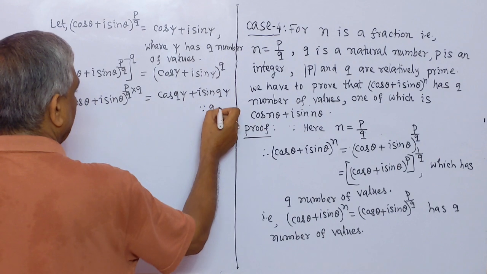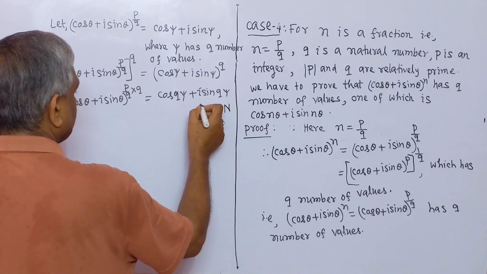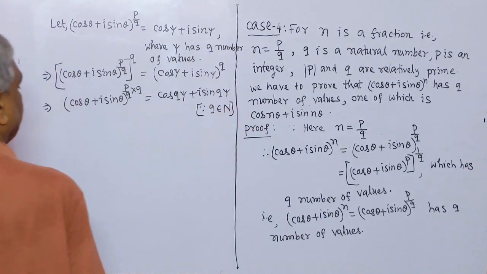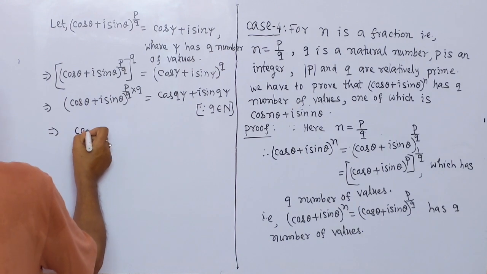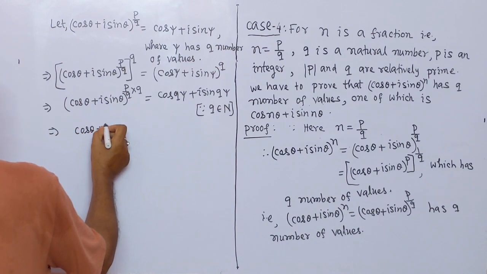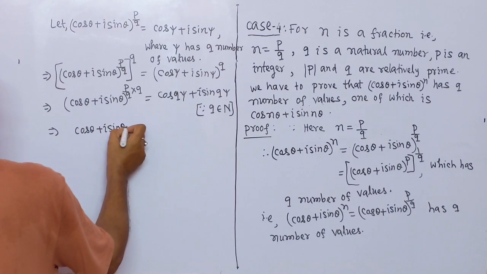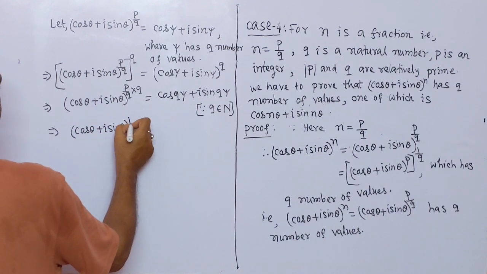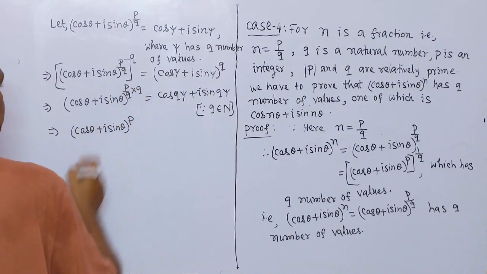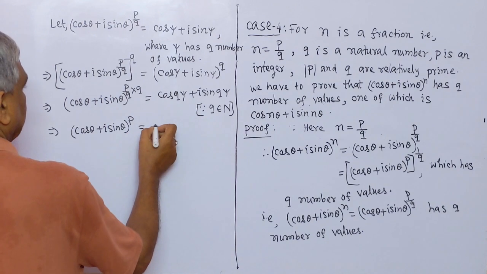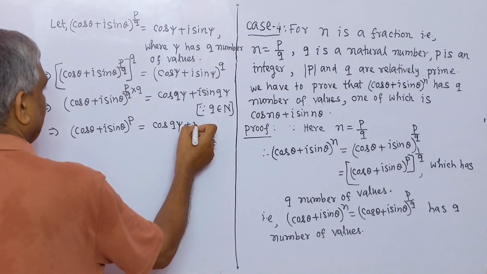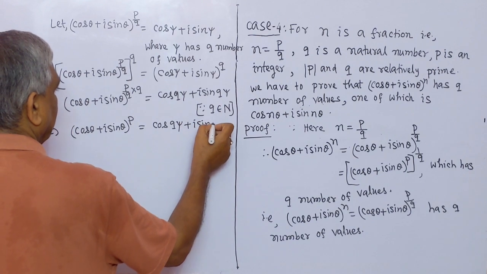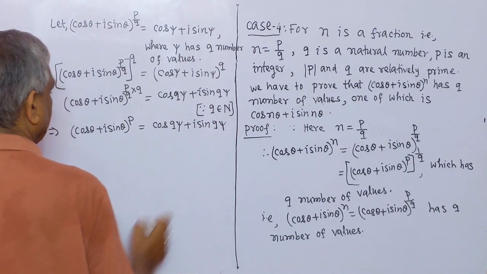Since q belongs to the set of natural numbers, this implies that (cos theta plus i sin theta) to the power p, q cancels, equals cos q psi plus i sin q psi.